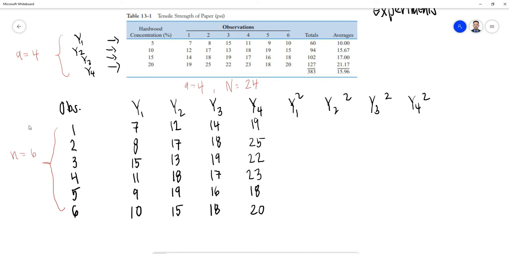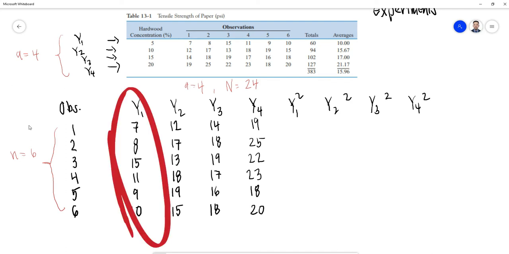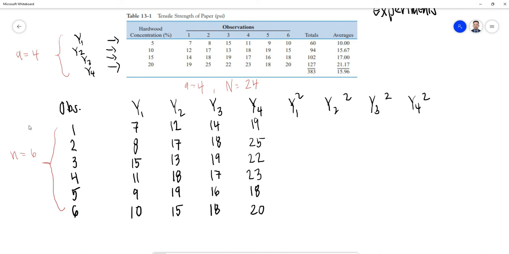We just fill this up. For example, for y sub 1 squared, in this first row, 7 raised to 2 is 49, and we will do that to the rest of the rows.